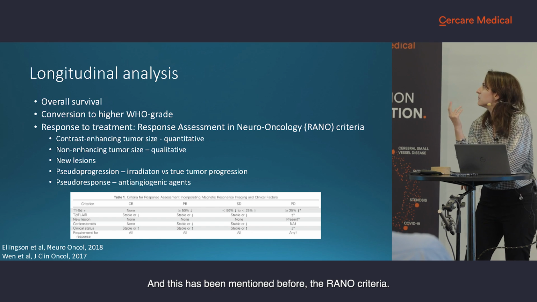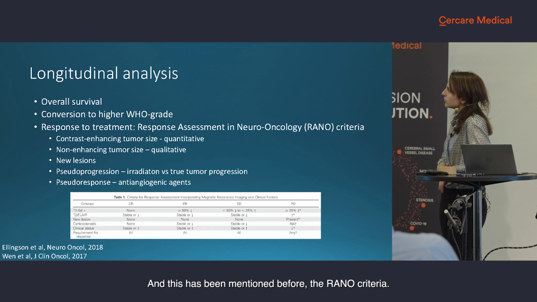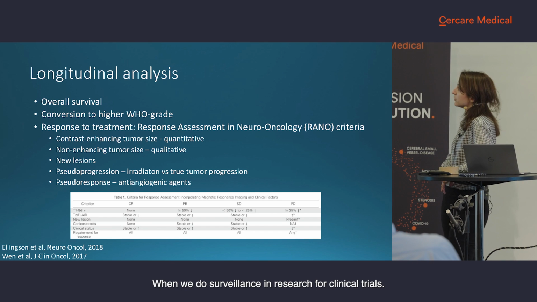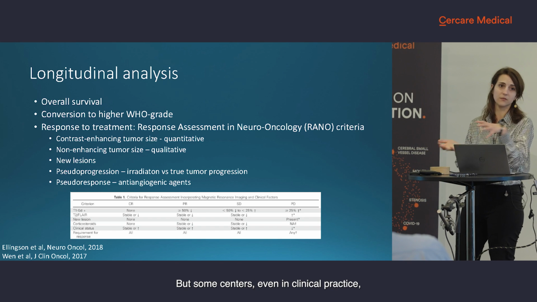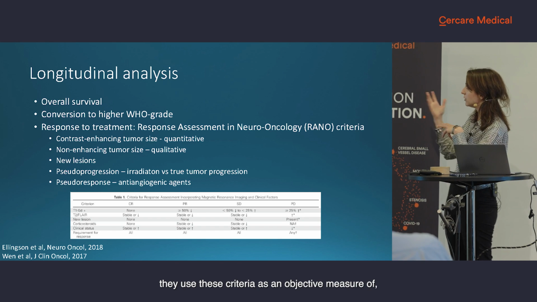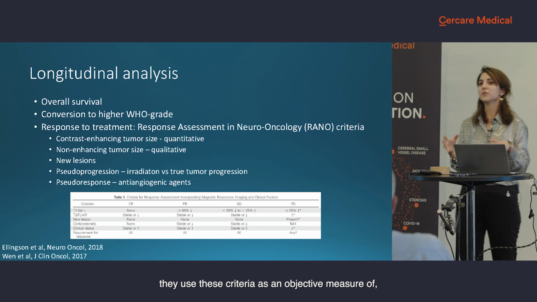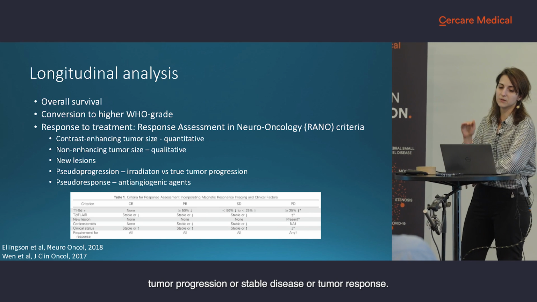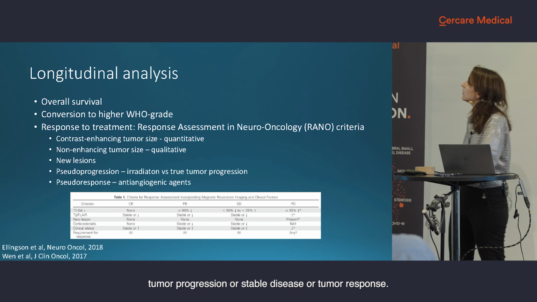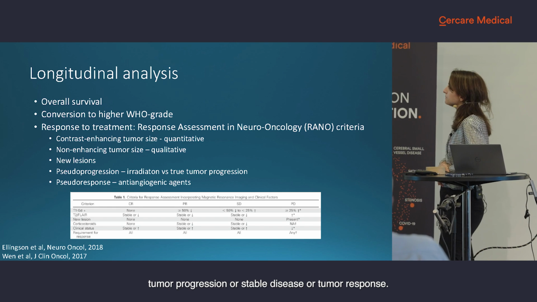This has been mentioned before, the RANO criteria. When we do surveillance in research for clinical trials, and in some centers even in clinical practice, they use these criteria as an objective measure of tumor progression, stable disease, or tumor response.